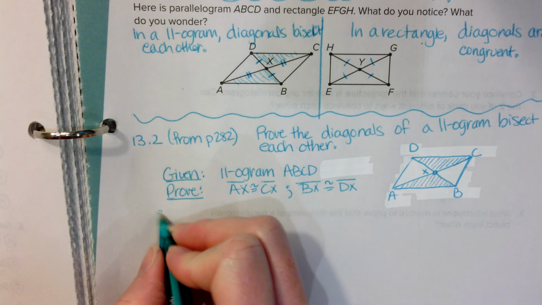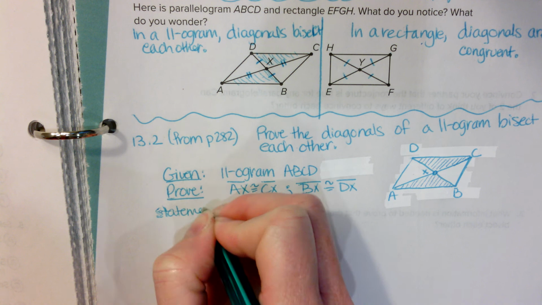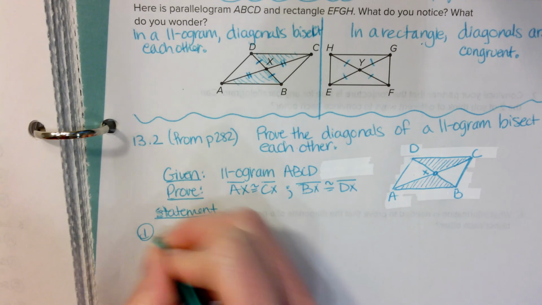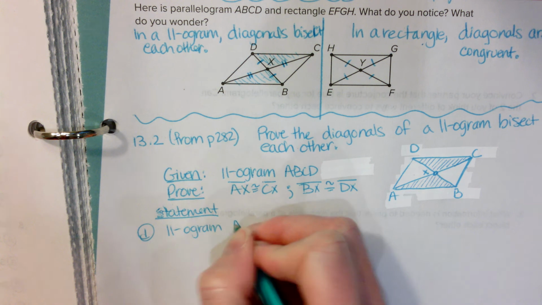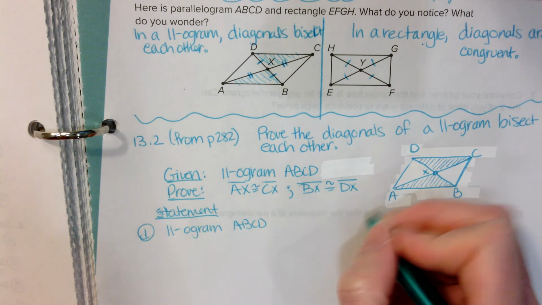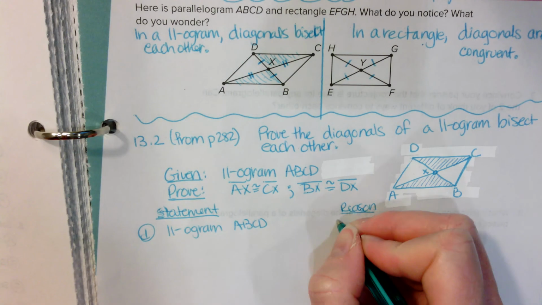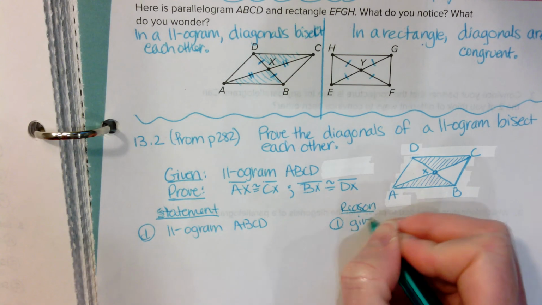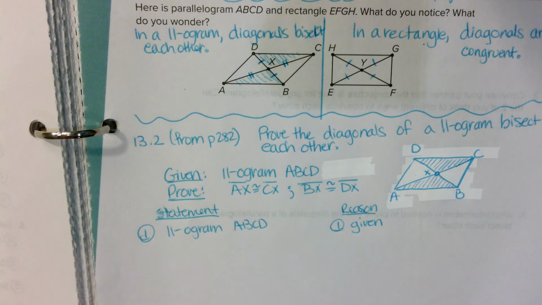My statements, so far, the only statement I have is that I have a parallelogram ABCD. And the reason is my given. So what sort of stuff do I know? I need 3 things to prove my 2 triangles congruent.